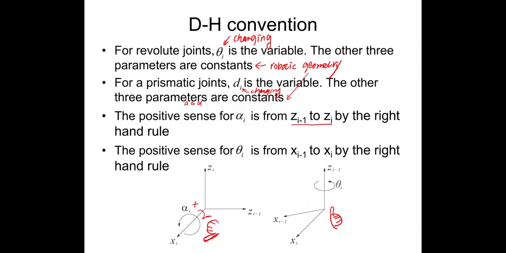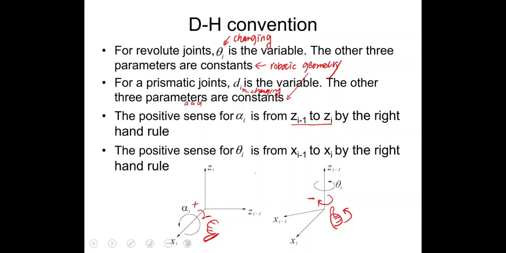So you can use your right hand to show that. This is the rotating axis, and this is the positive rotating direction. We already defined this as positive, so if the rotation is opposite, it's going to be negative.